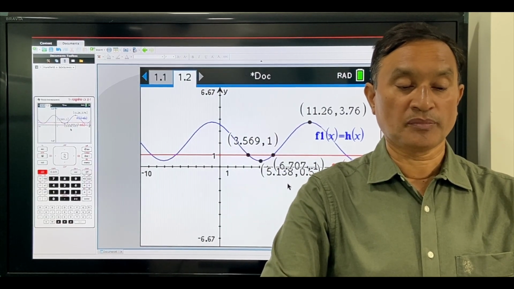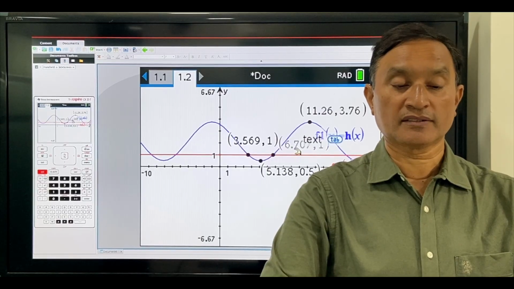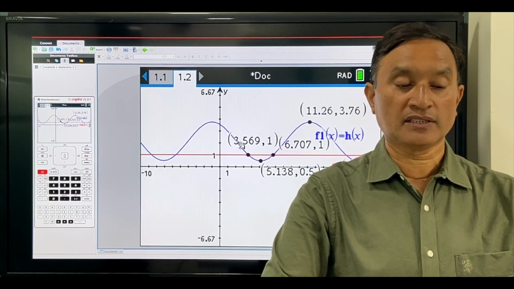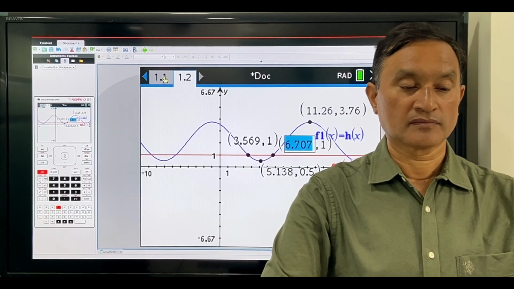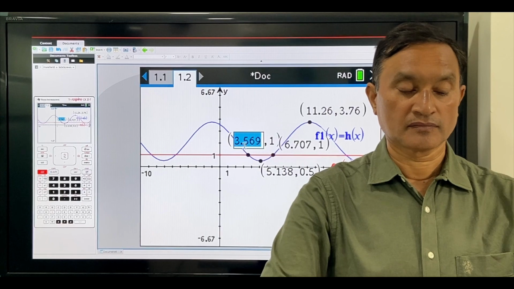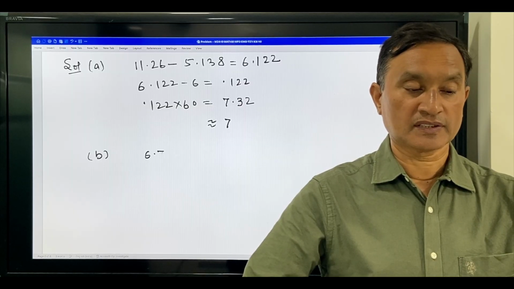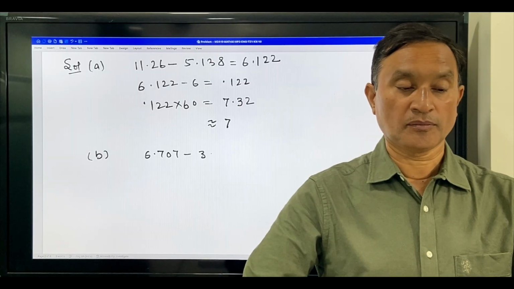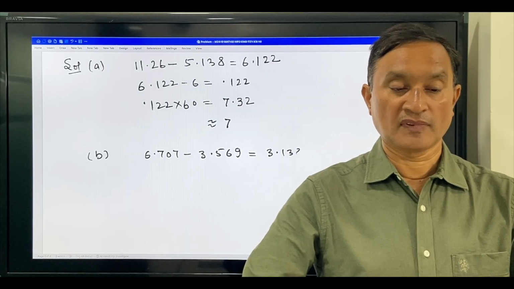So then the difference would be 6.707 minus 3.569, and the answer is 3.138.